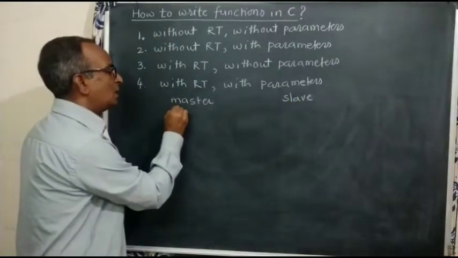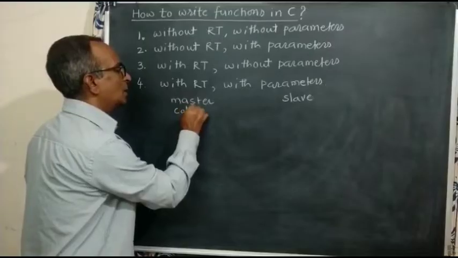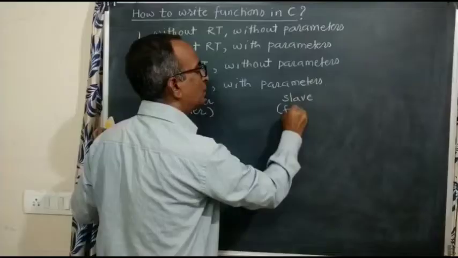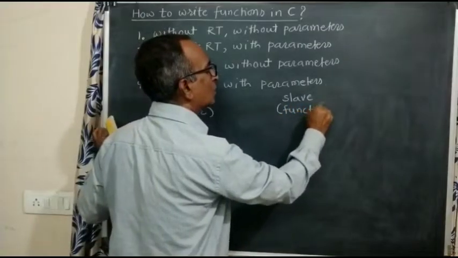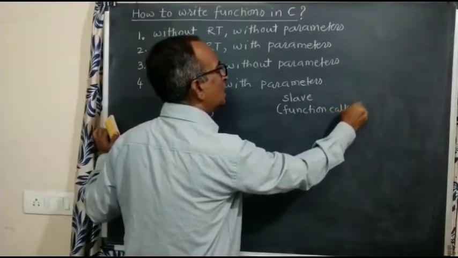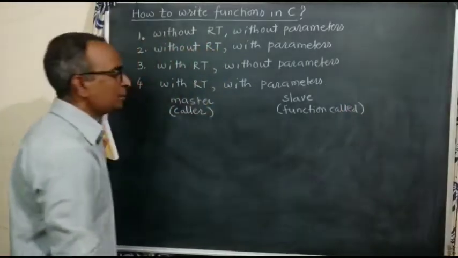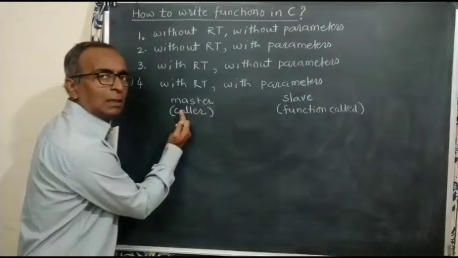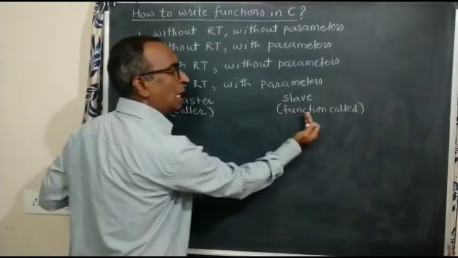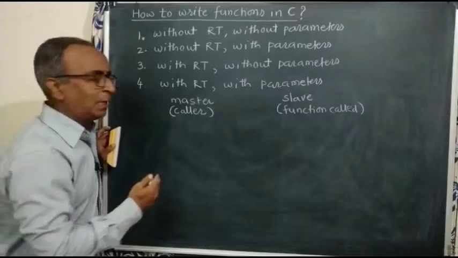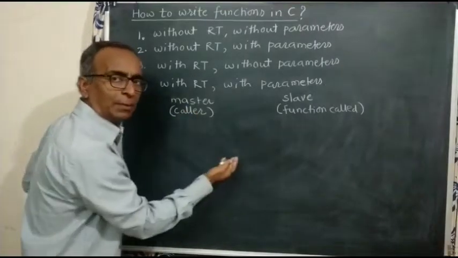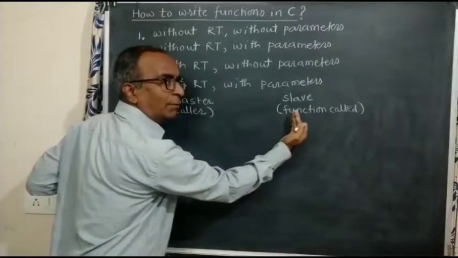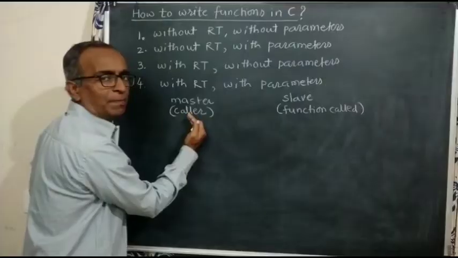Assume master is always the caller, and slave means the function called. So then how can the master give orders to the slave, whether it needs to send something, whether it needs the slave function to return something.